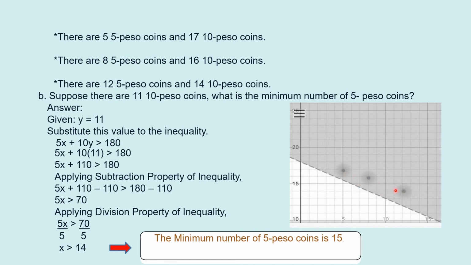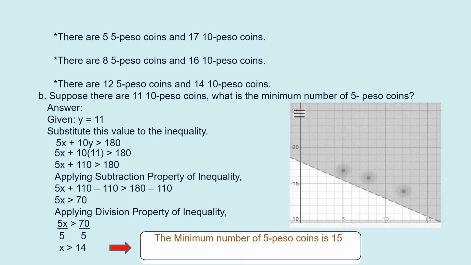These are our three points, which we can only find in the shaded region, so that we can determine the possible number of 5 peso coins and 10 peso coins to answer our problem.